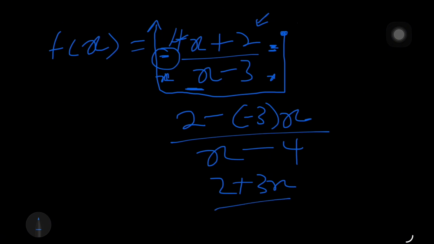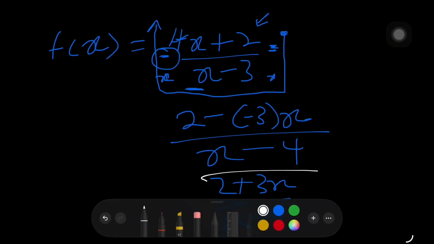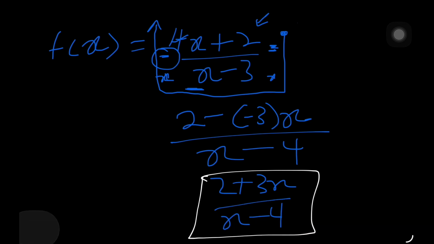So that becomes 2 plus 3x over x minus 4 as the inverse. By simple observation, you can just look at the inverse. Let's take another example.